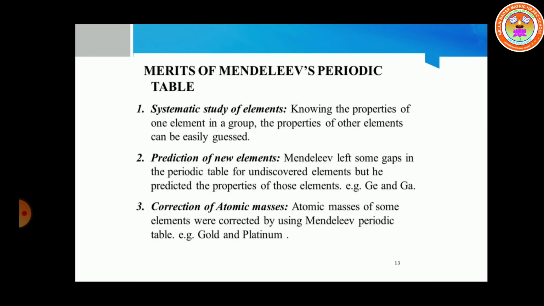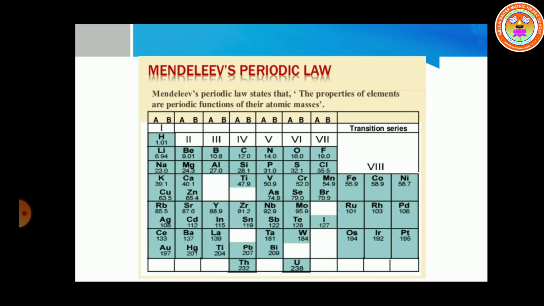Next we discuss the merits of Mendeleev's periodic table. It was noticed that certain elements could not be placed in their proper groups in this manner. The reason is wrongly determined atomic masses. Consequently, the wrong atomic masses were corrected. For example, the atomic mass of beryllium was known to be 14.